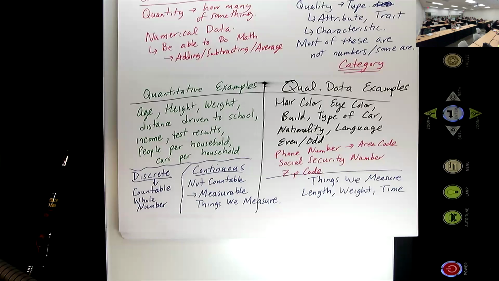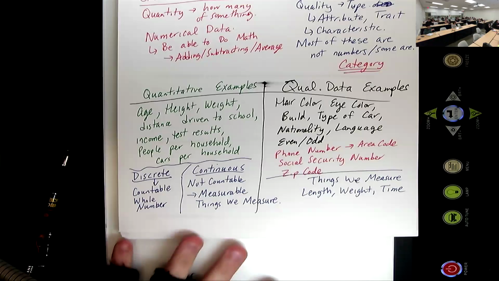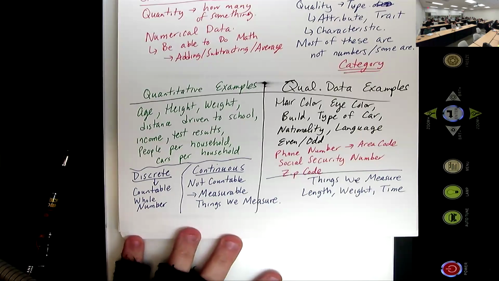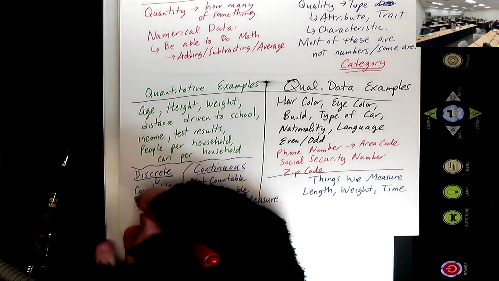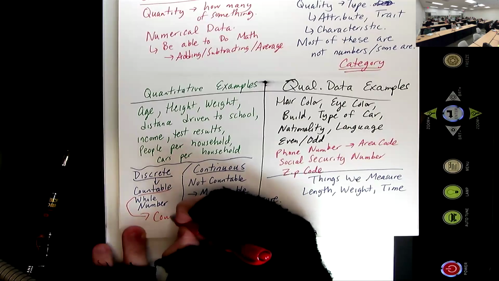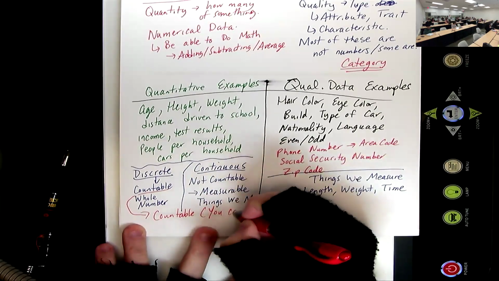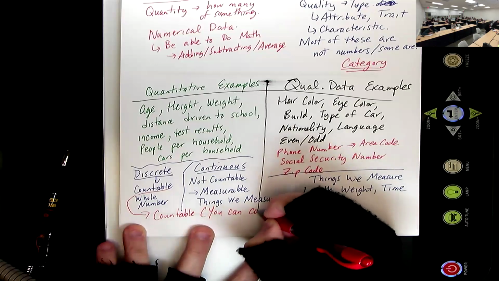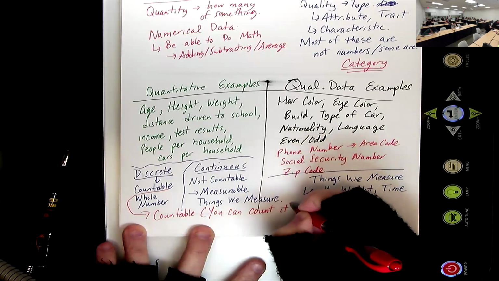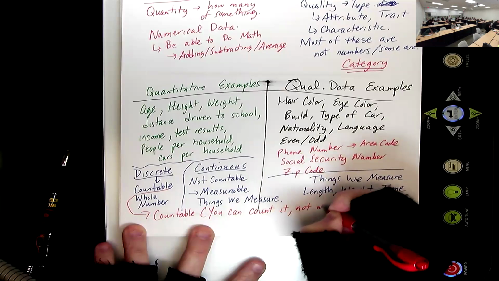So if it's got a smaller component, it's something you measure. You might wonder about this when I say countable. Countable means you can count it, not whether you would.